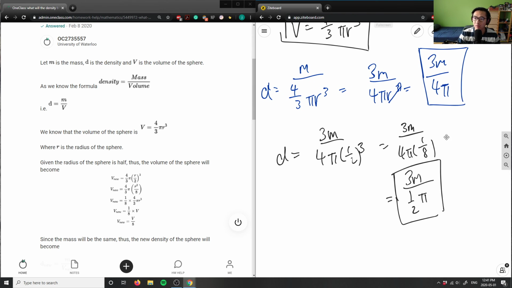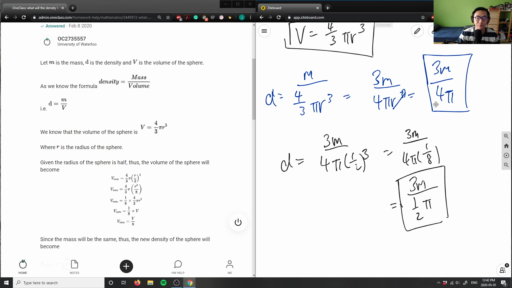So 3m over 4 pi and 3m over half pi. I'm comparing half pi and 4 pi here. If I ignore the numerators, because the 3m and 3m cancel out, I can set half pi equal to 4 pi. The pi's will also cancel out, so half equals 4.